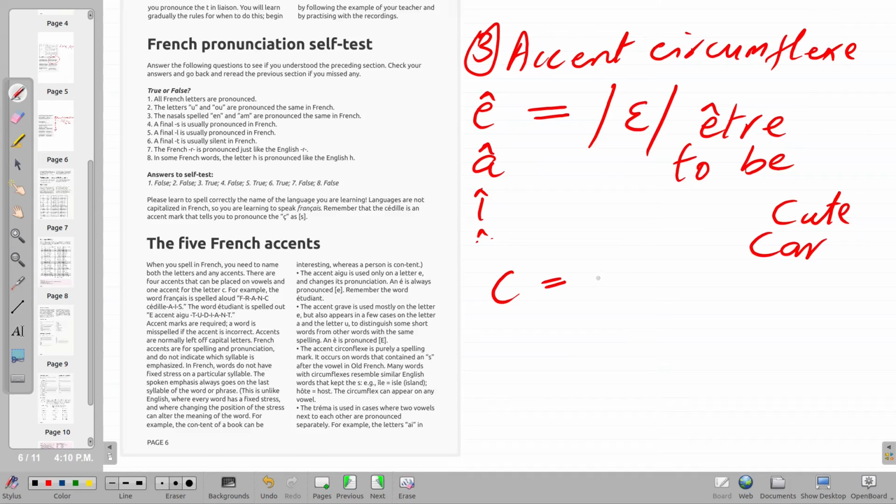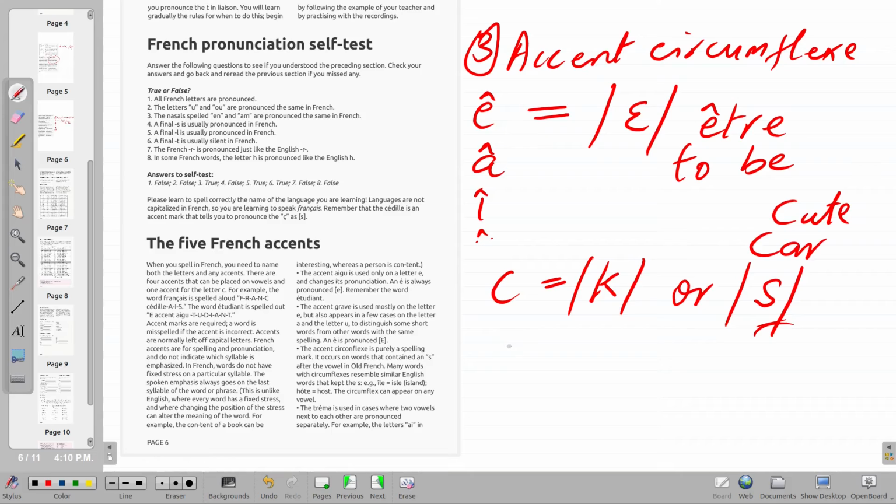The letter C can give you either K or S. So it can give you the sound K or the sound S.